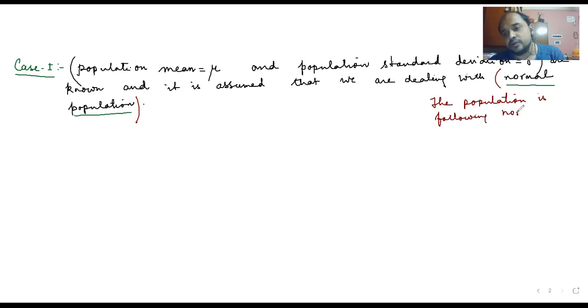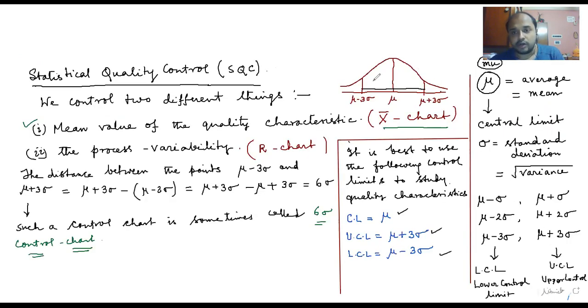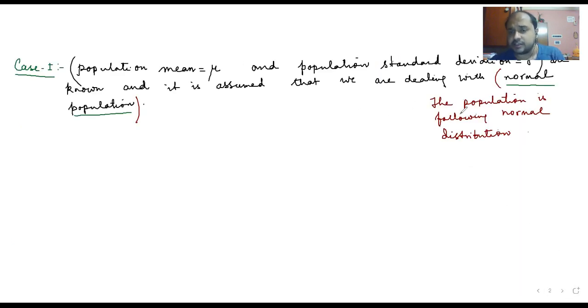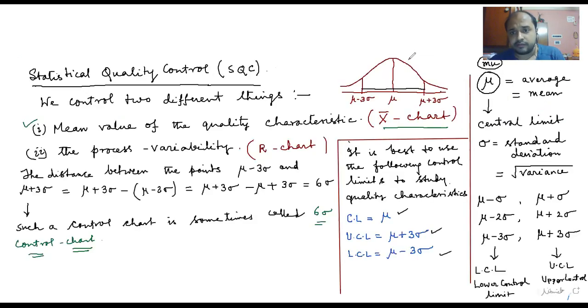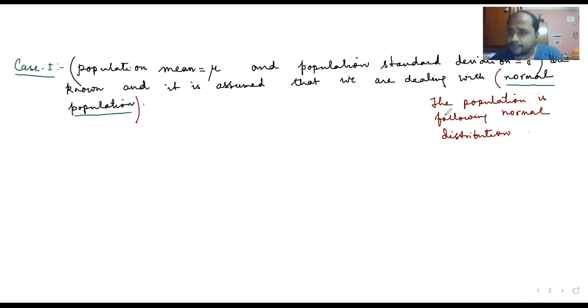normal distribution. Normal distribution is a kind of probability distribution whose graph looks like this. The normal curve looks like this, and probably in TV channels you have seen this kind of graph. I'm saying this with respect to the COVID-19 situation.